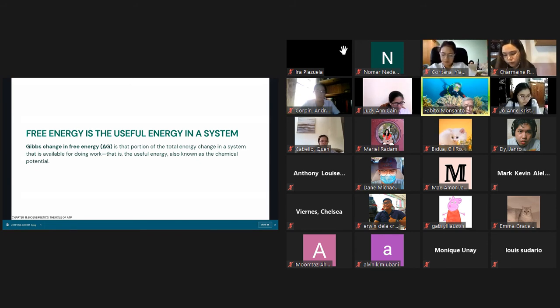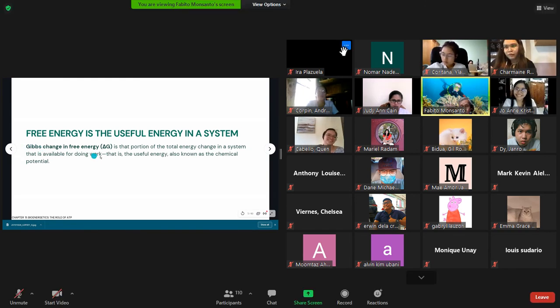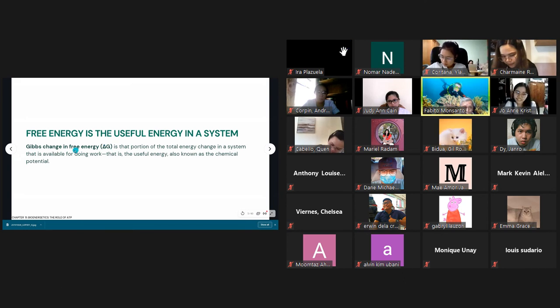This free energy change is named after the researcher Gibbs, no relation to Jano Gibbs. And this is the symbol for free energy change, delta G.